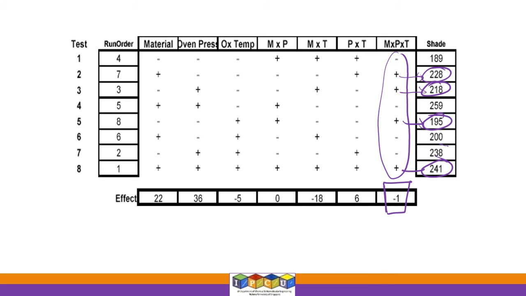You take those four numbers and find the average. Then you take the other four numbers for which MPT is negative. Take the average of that and subtract the two averages, the positive average minus the negative average, and you will get a value of -1. So these are called the effects.